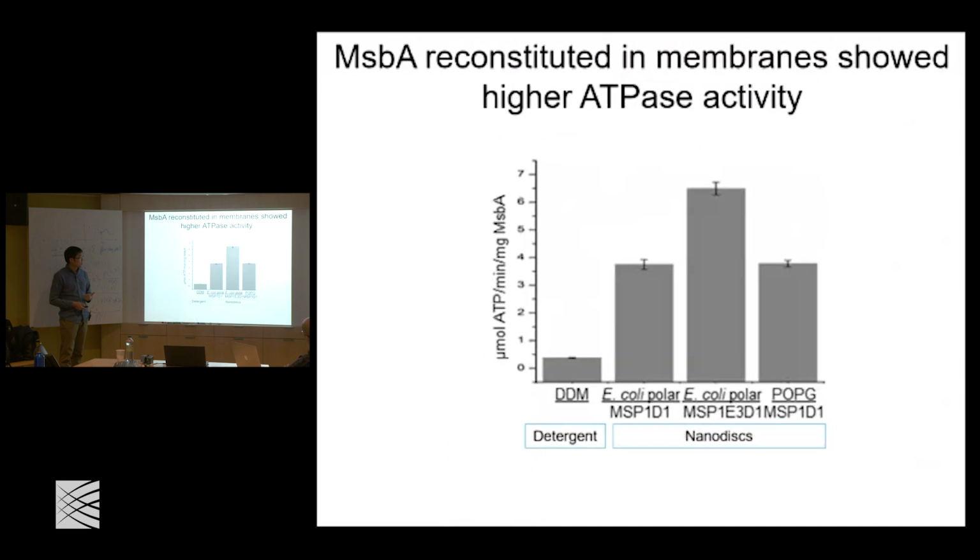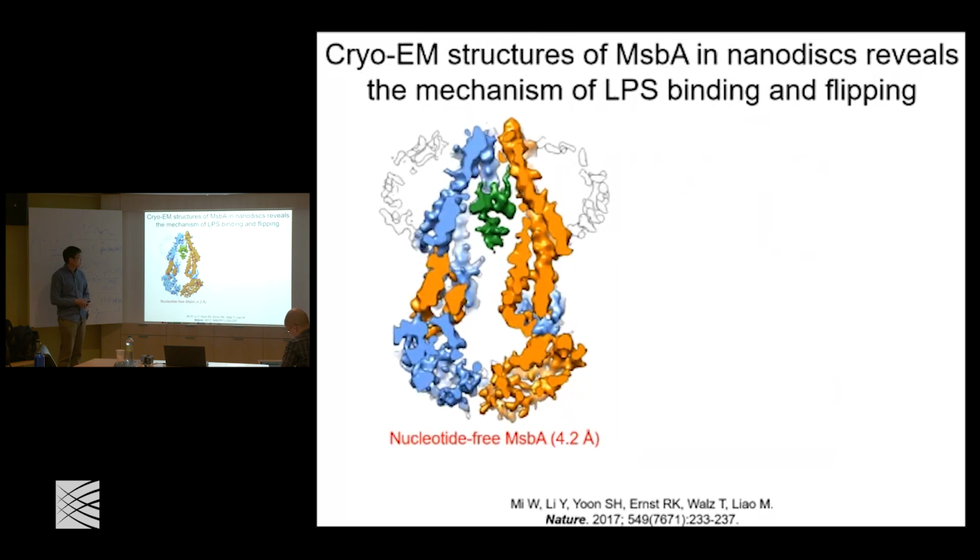Using this technique, first we reconstituted MsbA and measured its activity to hydrolyze ATP. We found that with a set of different components forming the nanodisc, it always showed much higher ATPase activity compared with the protein purified in detergent. Then we focused on this particular sample and solved a structure at an overall resolution of 4.2 angstrom.